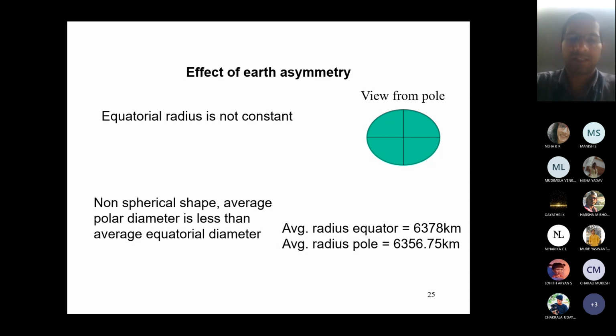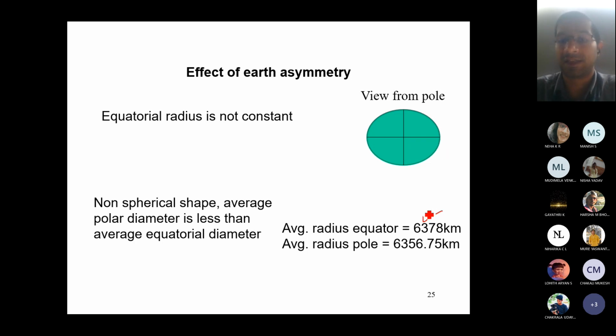So every time we consider 6,378 kilometers, this is by default the Earth radius we have considered in all the previous calculations we have done. But in reality it is not the same.